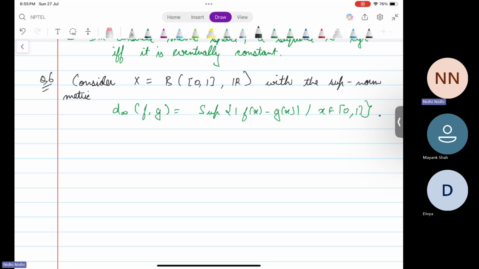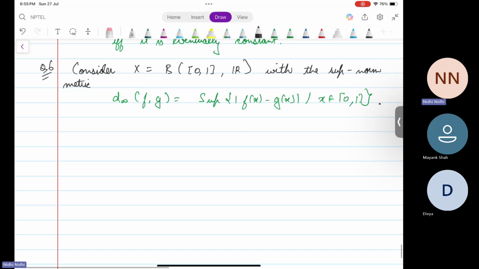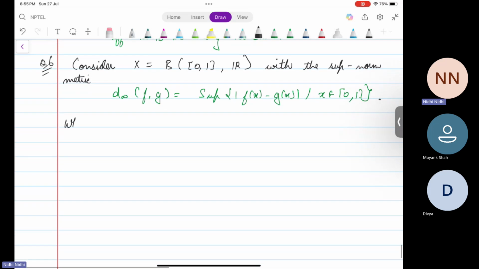Again, we need to see the convergence in this space. When does a sequence f_n in X converge to some f in X?